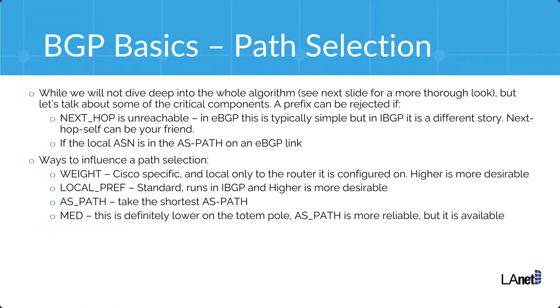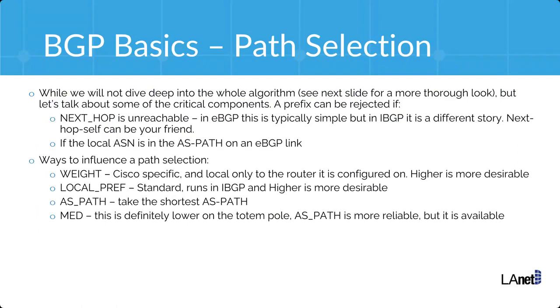Let's talk about path selection in general. We've kind of already covered a little bit about this with the next hop. If it's unreachable in IBGP, then it's not going to get installed. And in EBGP, we look at the AS path attribute, and if I see my own ASN in the AS path, it's not going to get installed.